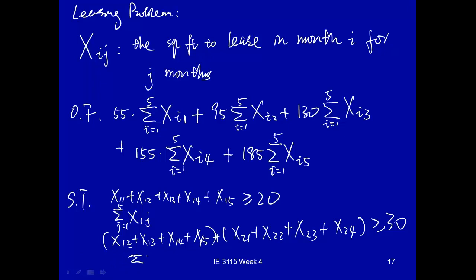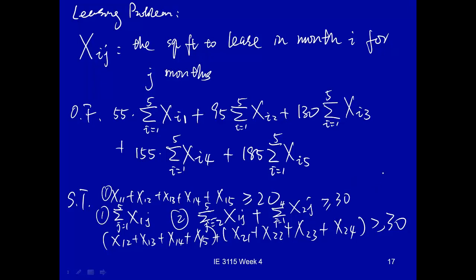So it's J goes from 2 to 5 of x1j, plus the sum from j equals 1 to 4 of x2j, greater than or equal to 30,000.